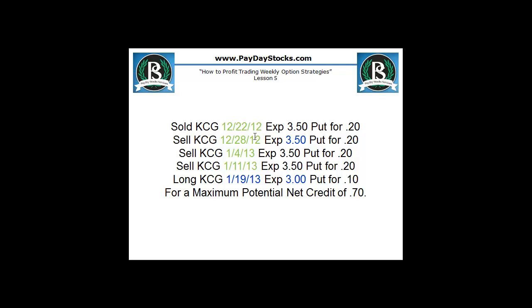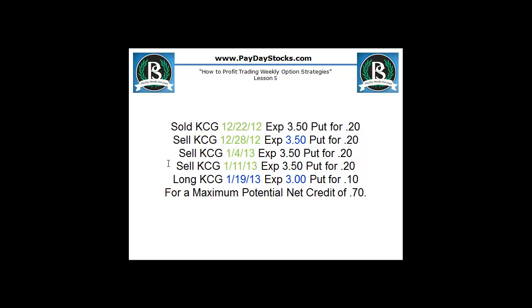It changes the whole dynamics of the diagonal spread, because we're able to hold on to one long position, one transaction on a long, and we're able to make multiple sells against it, utilizing the best time period that options decay, which is, of course, the last week or 2 weeks, and in this case, the last 7 or 8 days. So it's the best of all possible worlds.